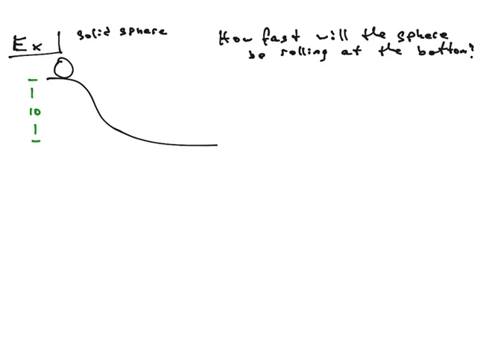So let's go. What's the equation? Well, the equation is conservation of energy. Kinetic initial plus potential initial is kinetic final plus potential final. Because I'm rolling, that tells me there's two kinetic energies here.